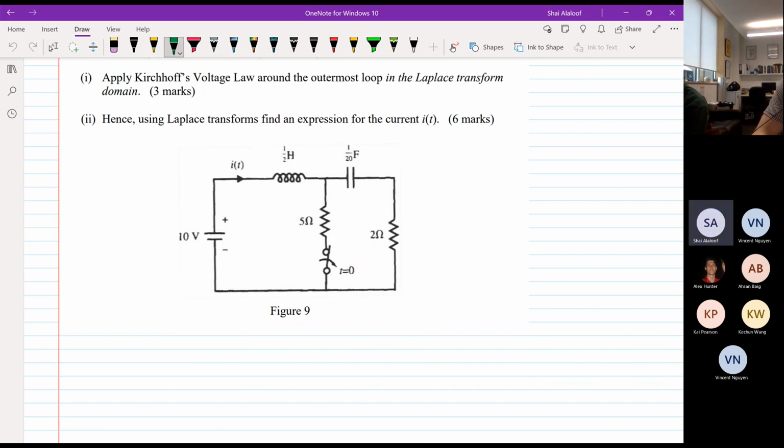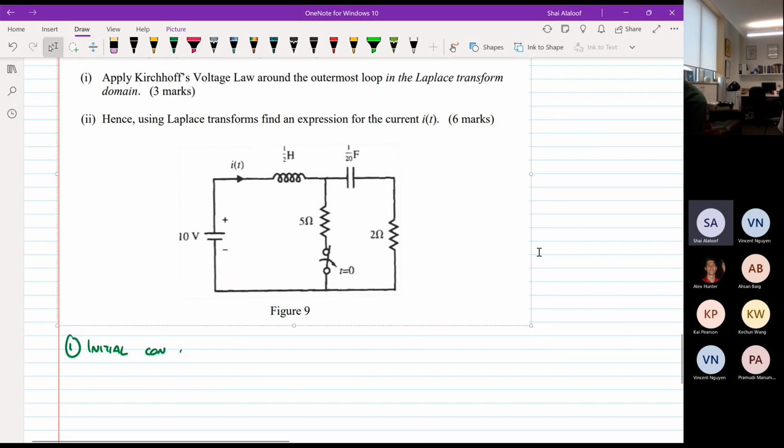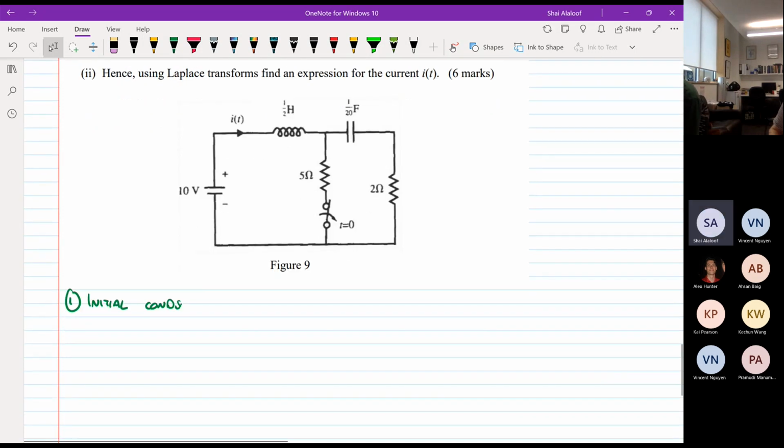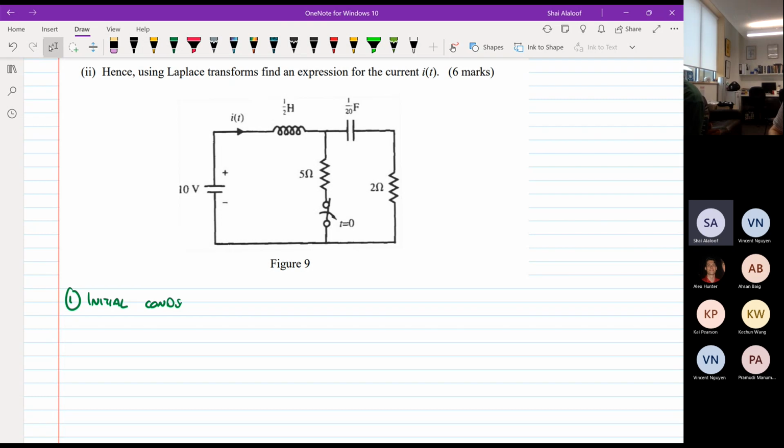So again, I'm just going to solve initial conditions. Give my laptop a sec. So what, the switch will be closed and you'll just end up having the 5 ohm. It's just a 10 volt source and then a 5 ohm.